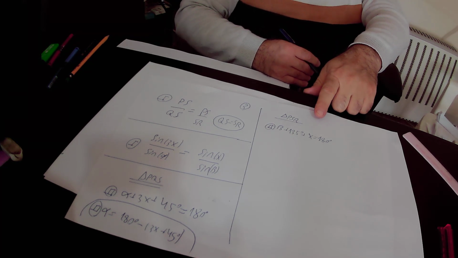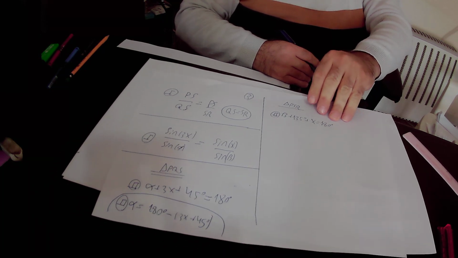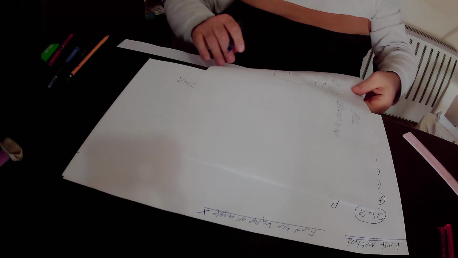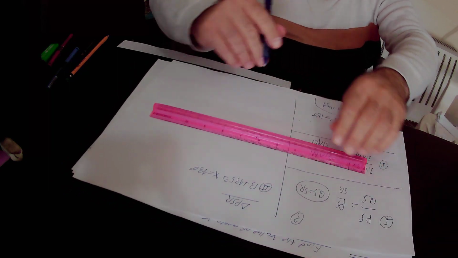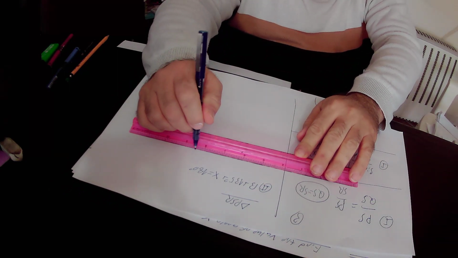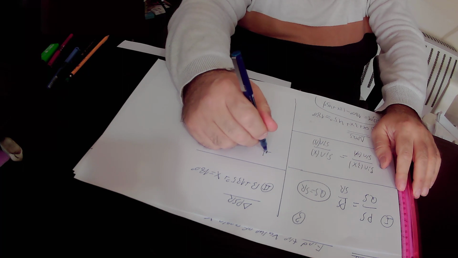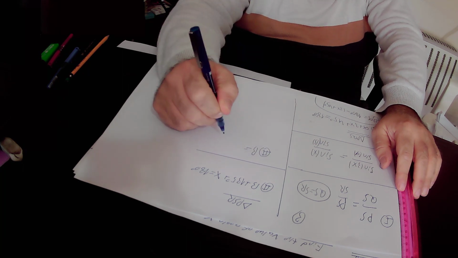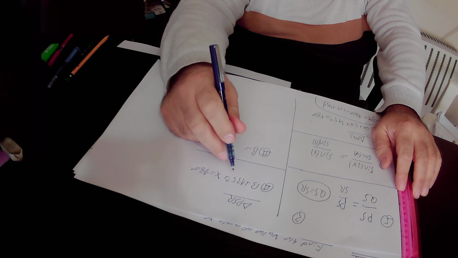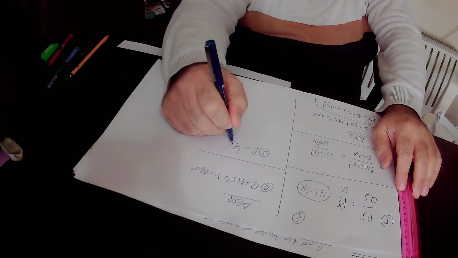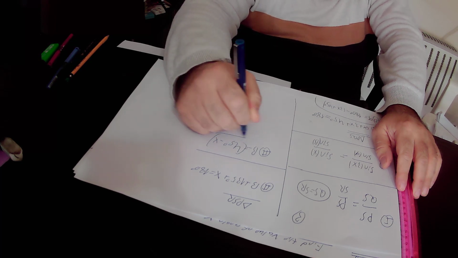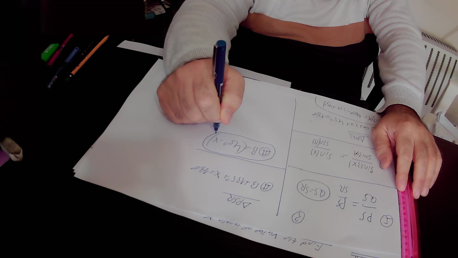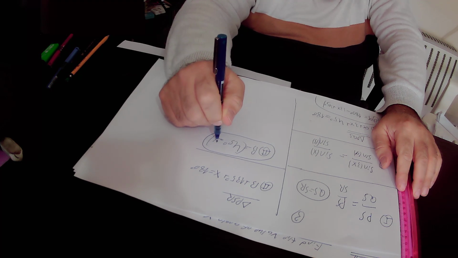Here we will subtract 135 degrees and also x from this equation number 1, and we will get that angle beta, according to equation number 2, is equal to 180 degrees minus 135 degrees, which is 45 degrees, minus x. So we found out that according to equation number 2, angle beta equals 45 degrees minus x.